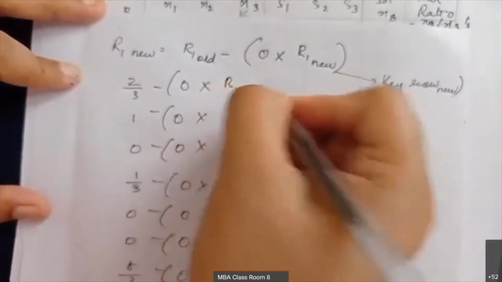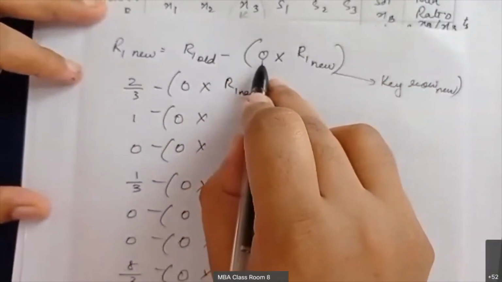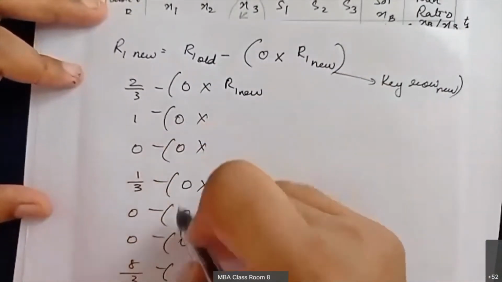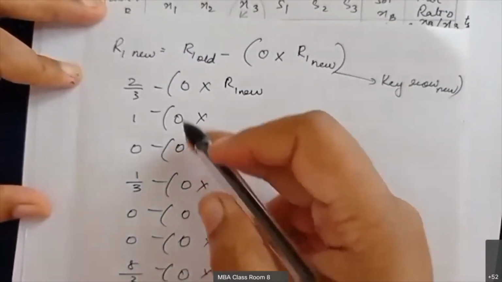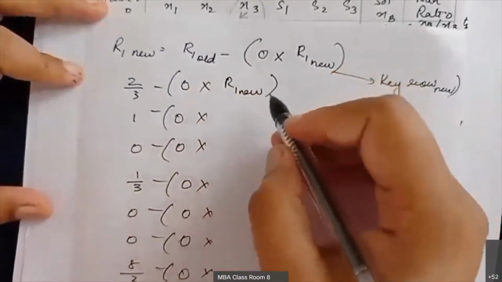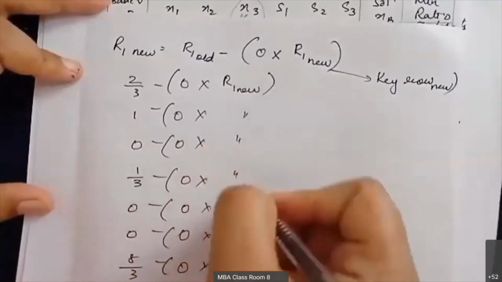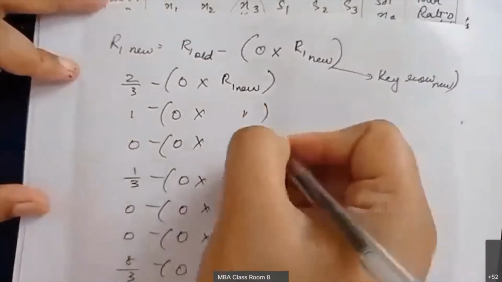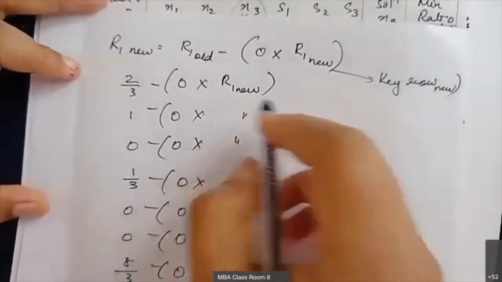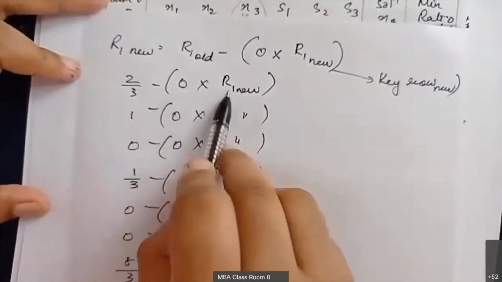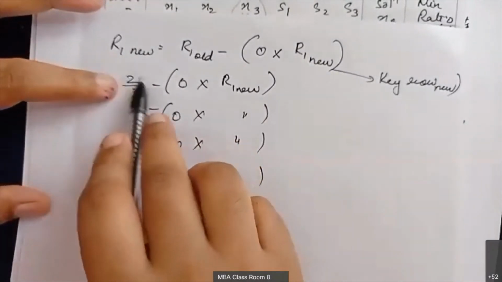Now you tell me, any number multiplied by 0, will there be any effect? So I'm not going to actually find out what is R1 new. The values will be the same because any number multiplied by 0 is 0.